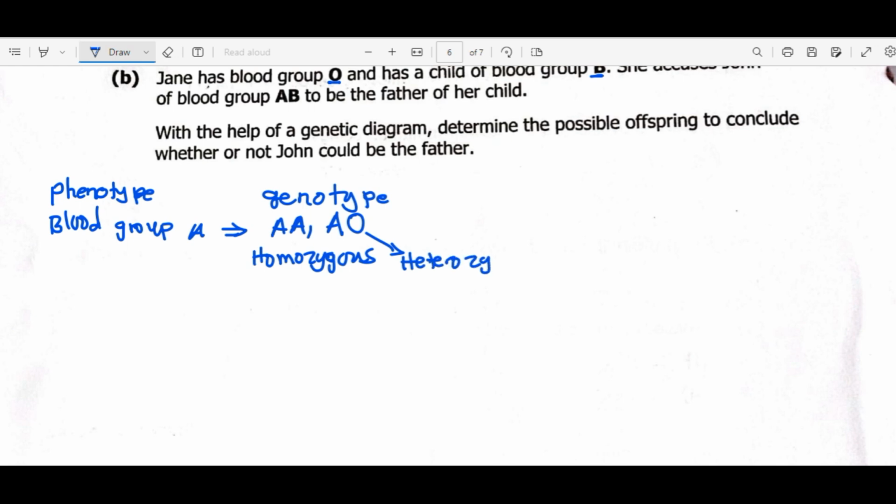heterozygous. Now, the first question was about a recessive. What you need to know about heterozygous in terms of blood group is that O is recessive to A, which means that A is dominant.